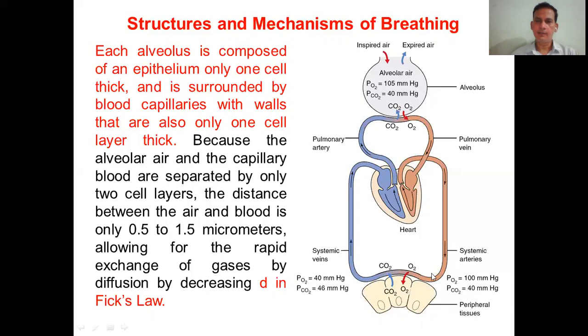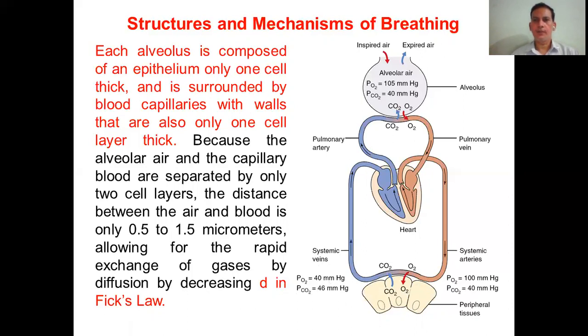Now, this will go to the peripheral tissues where again the exchange of gases will take place. In the peripheral tissues, there will be diffusion of O2 in, and from peripheral tissues, there will be diffusion of CO2 out, and again we get the values: partial pressure of oxygen 40 and CO2 46.